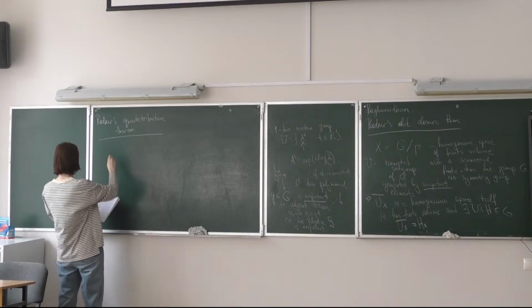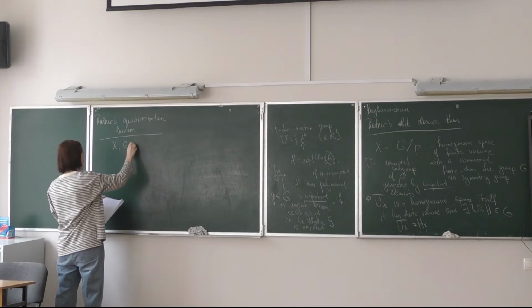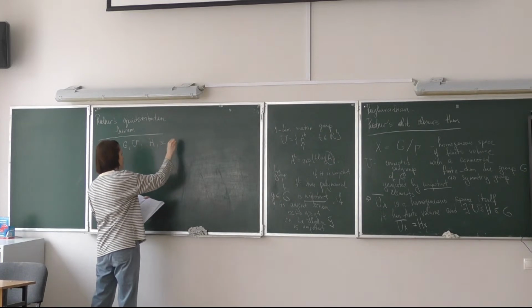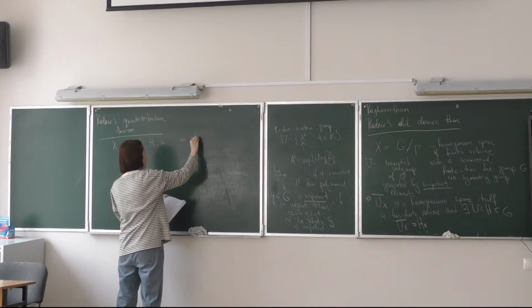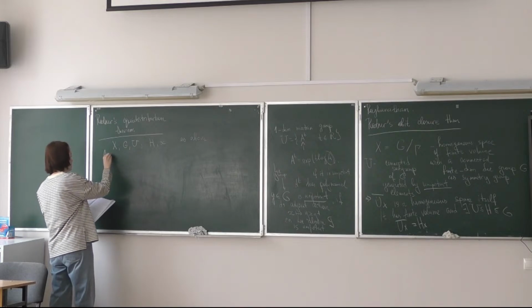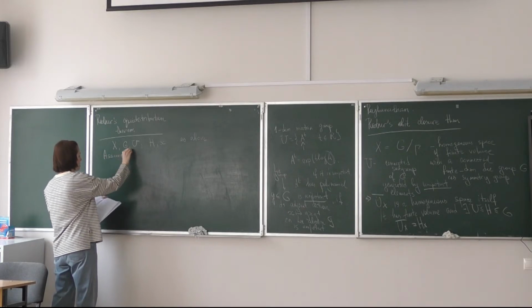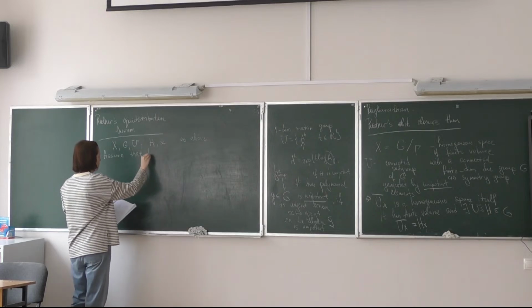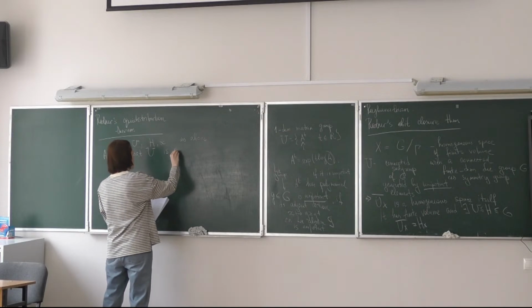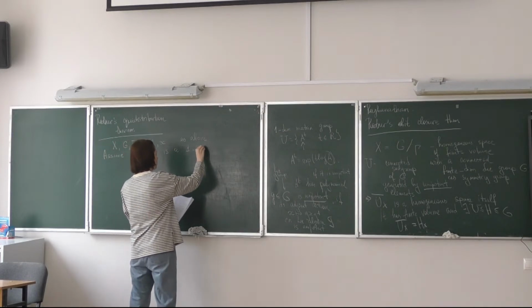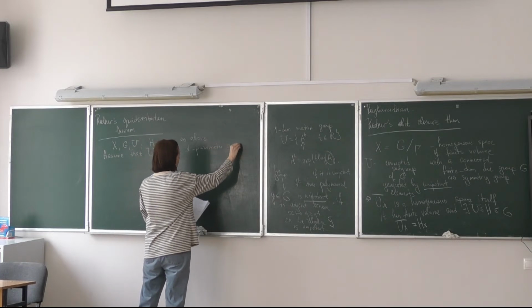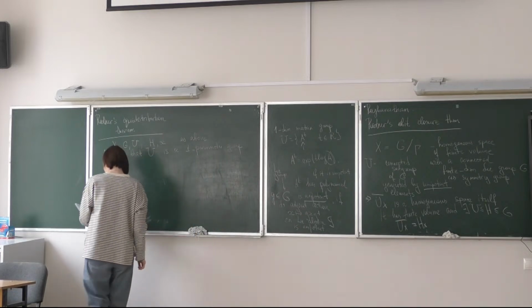She says: let us take X, G, U, H, X as above, and assume that U is a one-parameter group. So what does it mean?